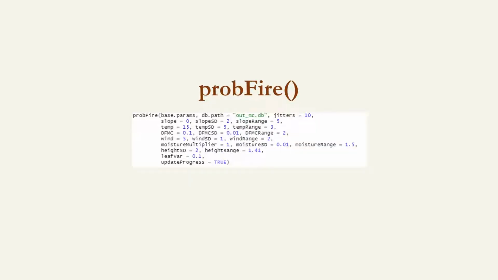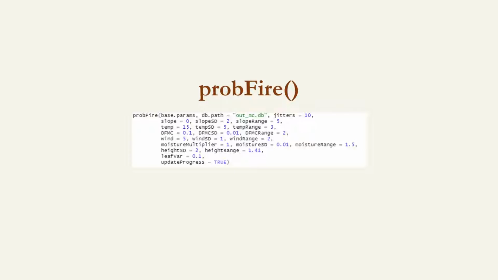We can see with Probfire that we can enter into this parameters that describe the variability in each of the inputs. And we also have this number jitters. Jitters just basically means the number of replicates that we're going to run, the number of points that we will model fire for in the landscape.